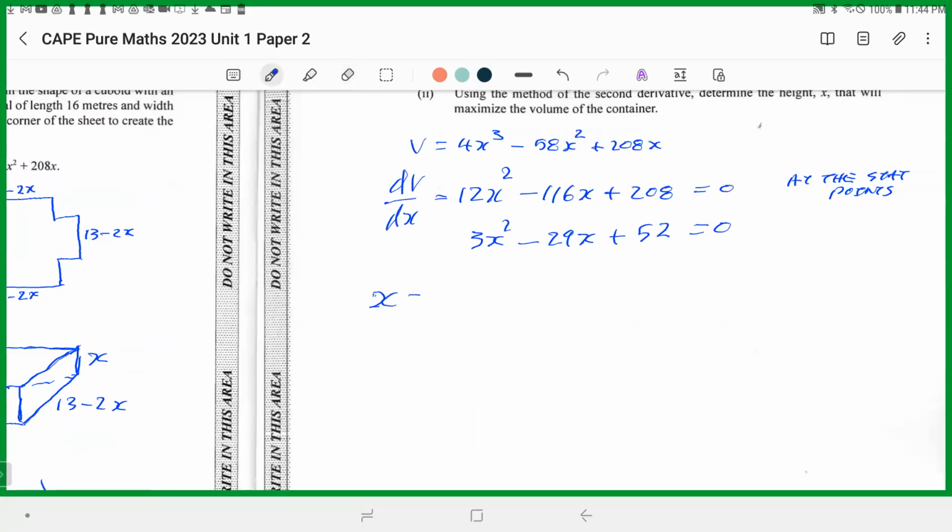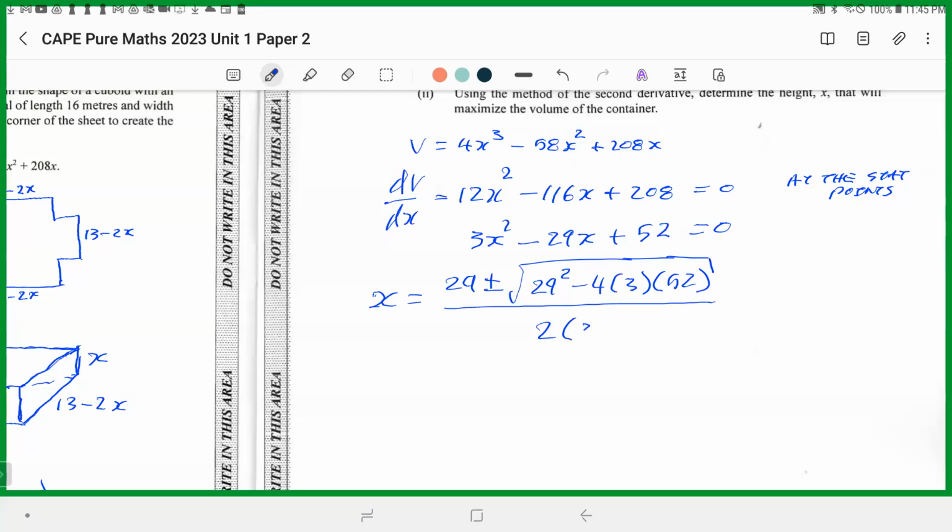x is going to be minus b, which becomes 29, plus or minus the square root of b squared, negative 29 squared, same as 29 squared, minus 4 times a, which is 3, times c, which is 52, all over 2 times a, which is 3. That's what we have to work out.